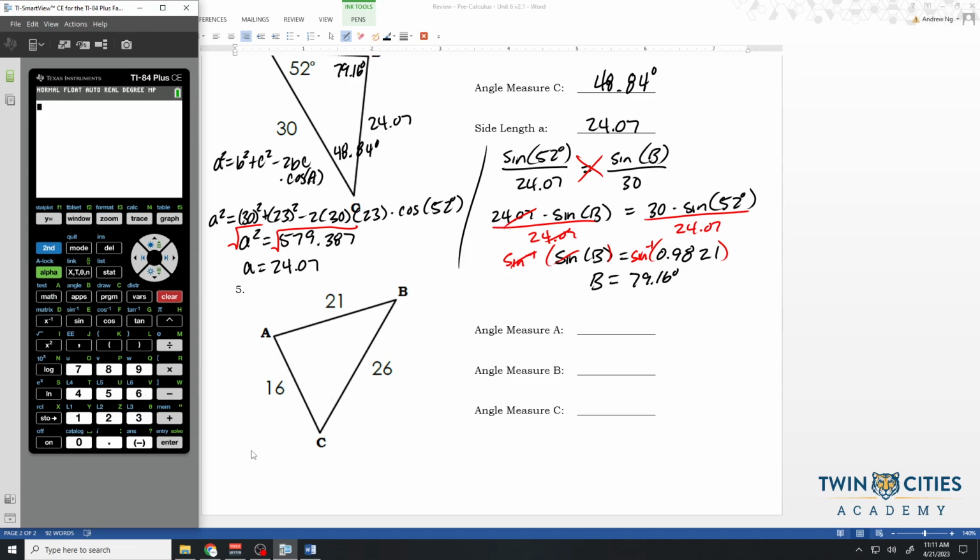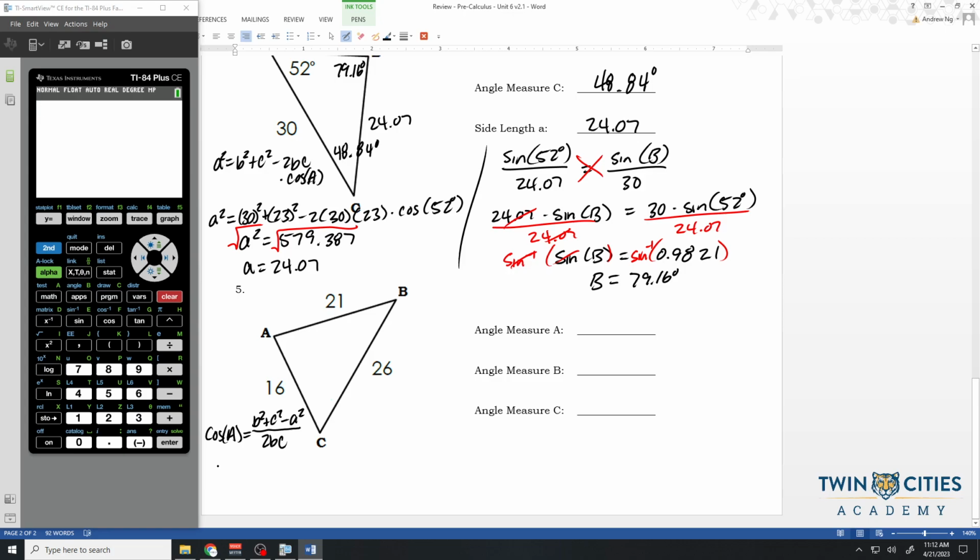So this will begin, let's see if I can fit it in right here. Cosine of A is going to be equal to, and then you do the other two letters, so it'll be B and C. This will be B squared plus C squared, then minus A squared, all over 2BC.